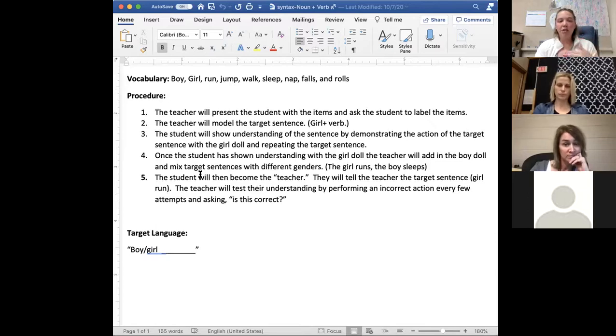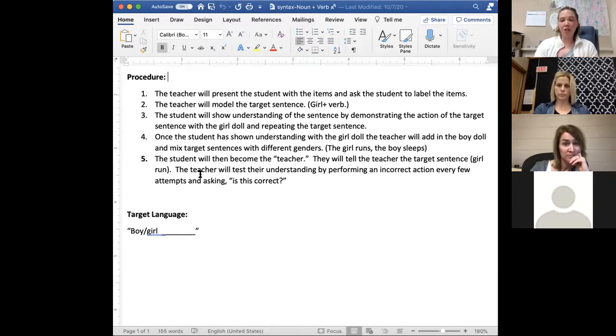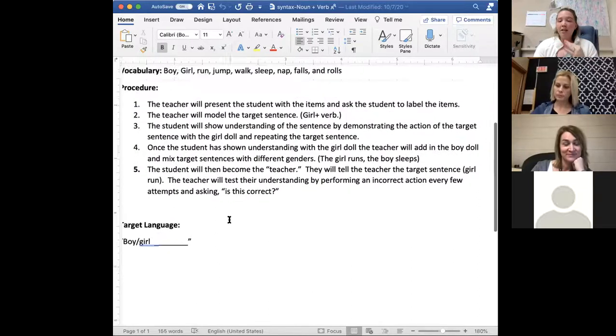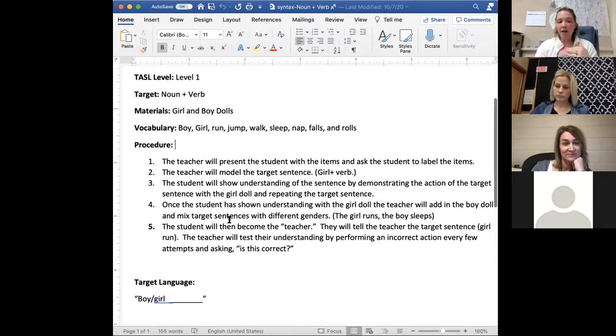Once they have shown the understanding, they become the teacher and I become the student, and they use their language and tell me, and then I do it. Sometimes your kid is like our little girl, who loves to be the teacher, so she's super motivated by this. I purposely do it wrong and she thinks it's hilarious because she loves to correct me, and you know the drill. This can be very, very quick.